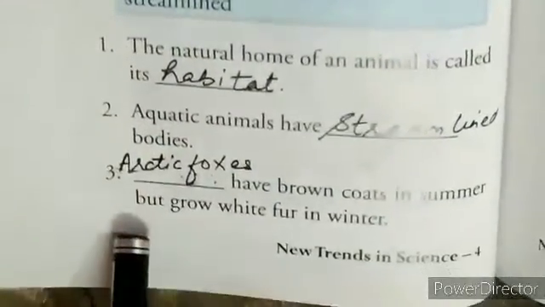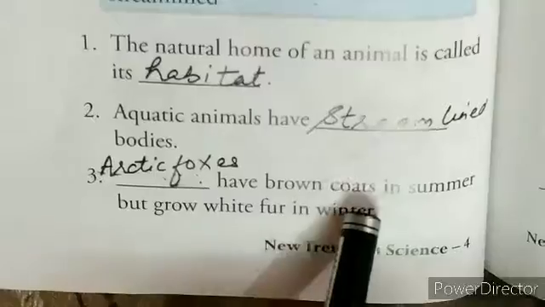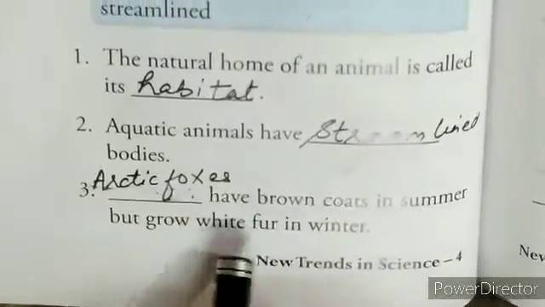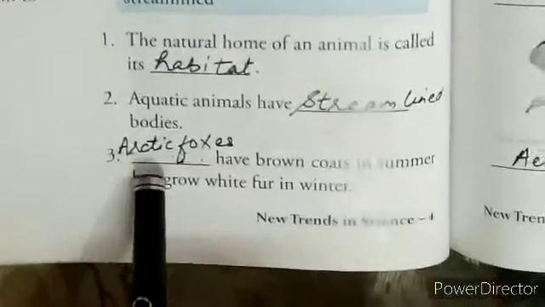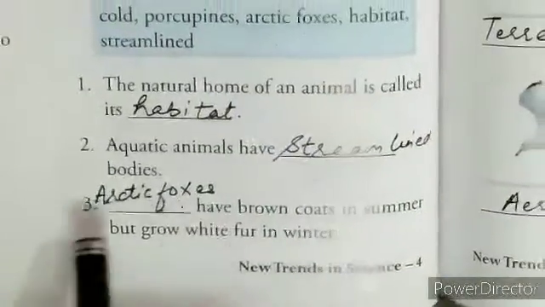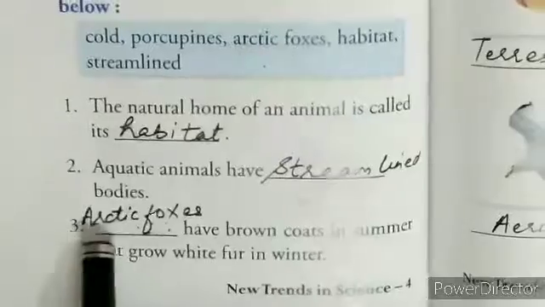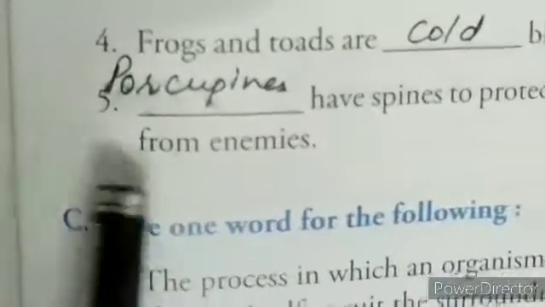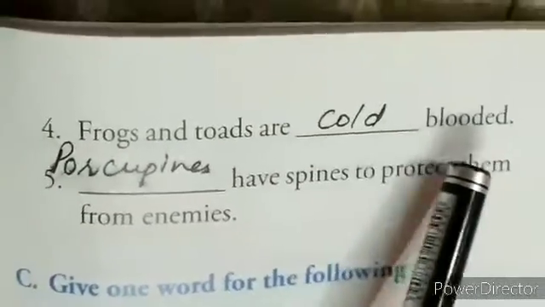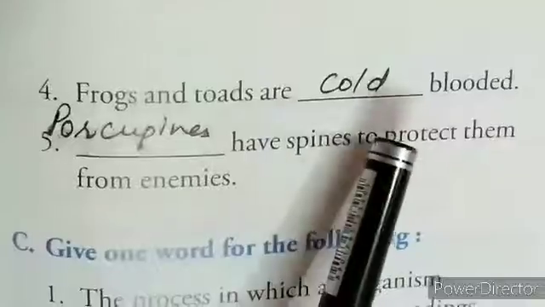Now third, arctic foxes have brown coats in summer but grow white fur in winter. Which animal has a brown coat in summer? Arctic foxes. Now fourth, frogs and toads are cold blooded.